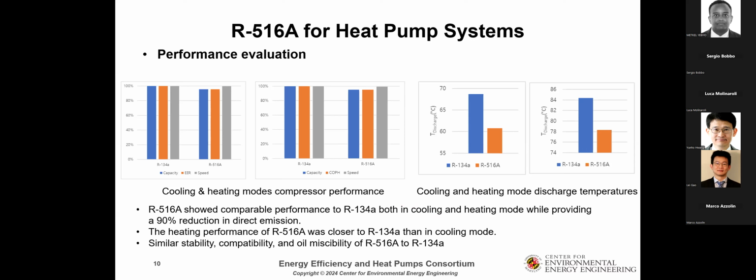And in terms of the compressor operation speed, R516A shows nearly identical speed with the baseline design, and the capacity and efficiency performance of R516A in the heating mode was closer to the baseline, which becomes critical in the choice of optimizing the product design for either cooling or heating, depending on the primary application driver.